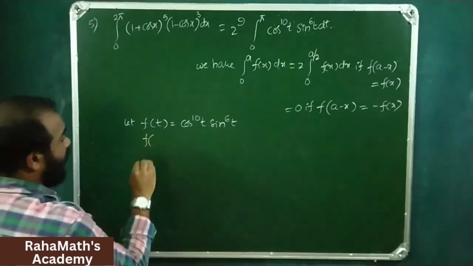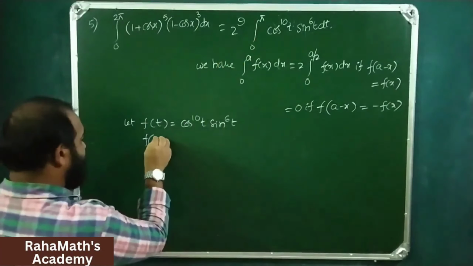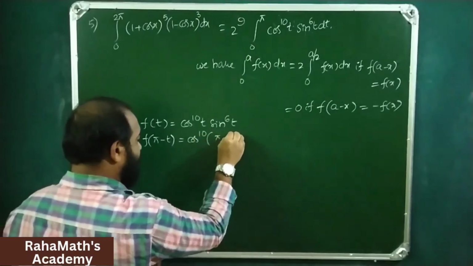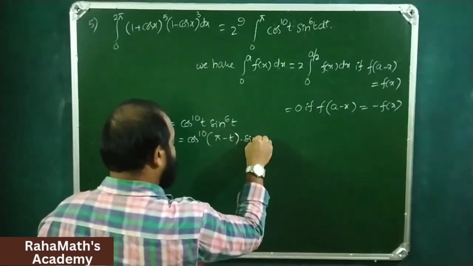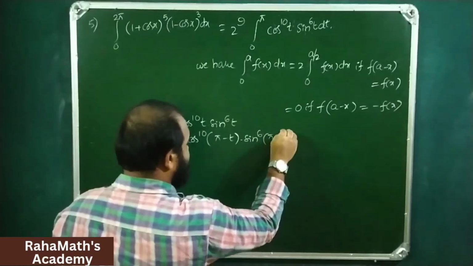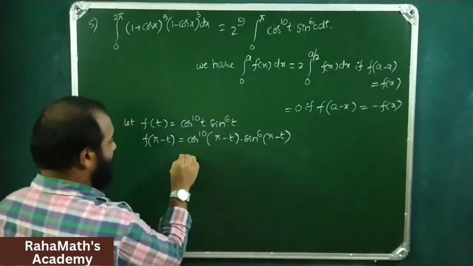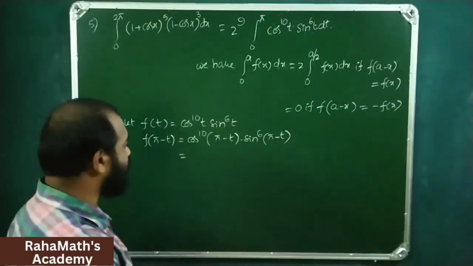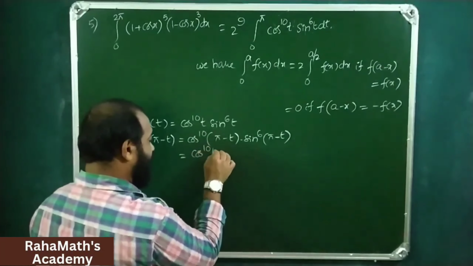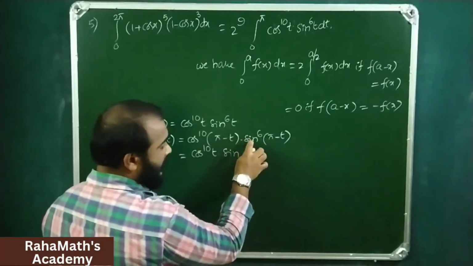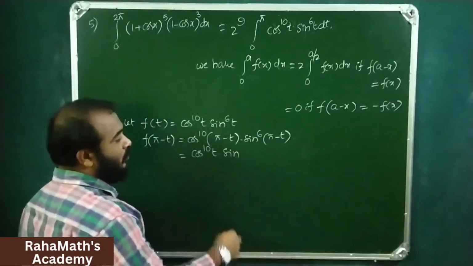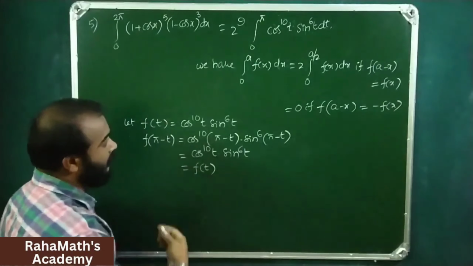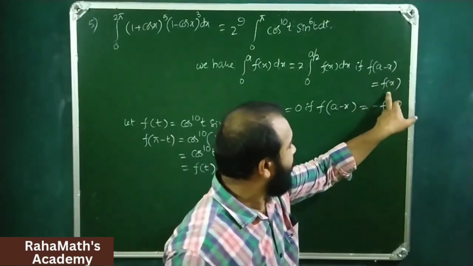So now f of upper limit pi minus t is equals to cos power 10 of pi minus t into sin power 6 of pi minus t. Okay, so cos of 180 minus x is minus cos, but even power makes plus only. So cos power 10 t into sin of 180 minus x, sin x only, whole power 6, so sin power 6 t. So this is f of t. Therefore it follows f of a minus x equals f of x.